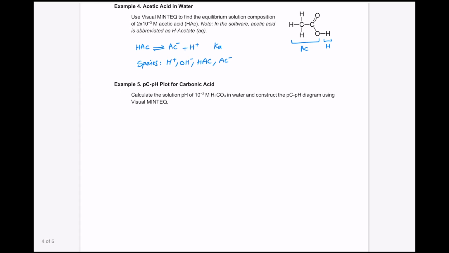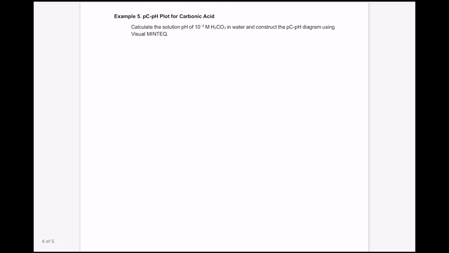So the last example is asking us to construct the pC-pH plot for carbonic acid and also calculate the solution pH for this weak acid when 10 to the minus 2 molar of it is added to water.